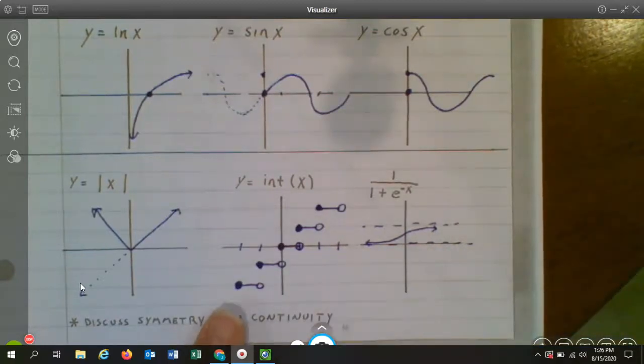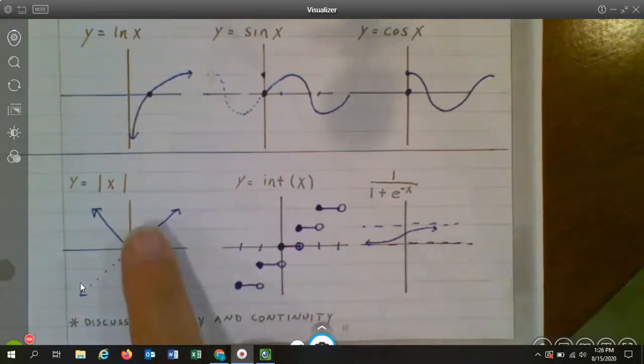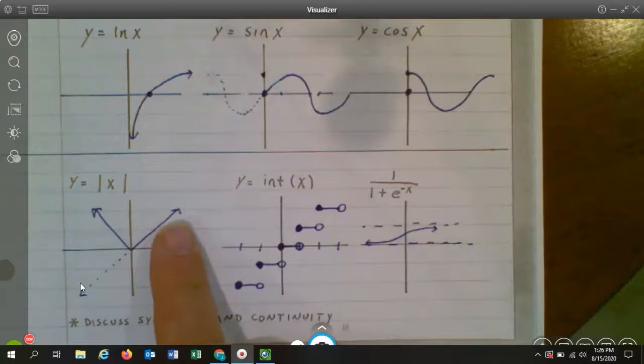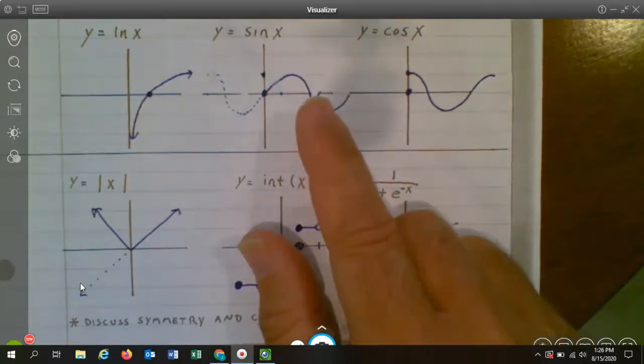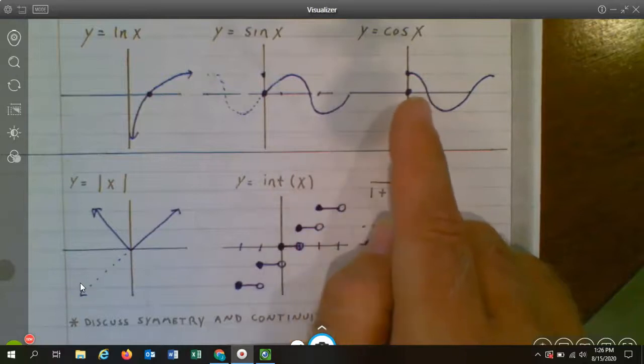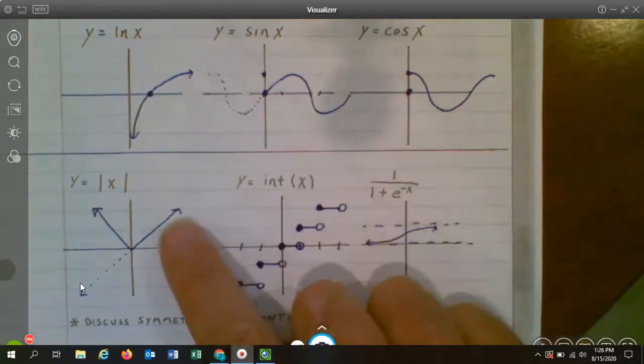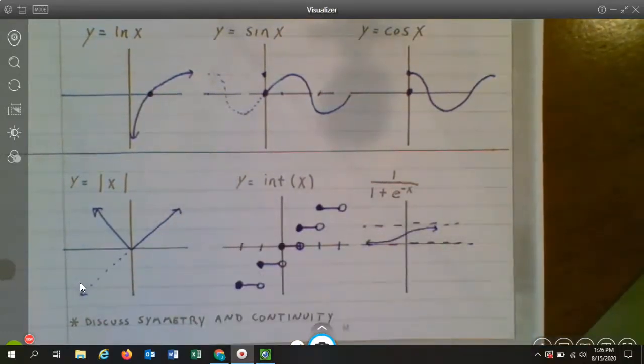As far as the symmetry, remember if it is symmetric to the y-axis, like this one would be, or like our sine and our cosine graph would be, because I can fold this across the y-axis and get a mirror image on top of itself. So symmetric to the y-axis makes it an even function.